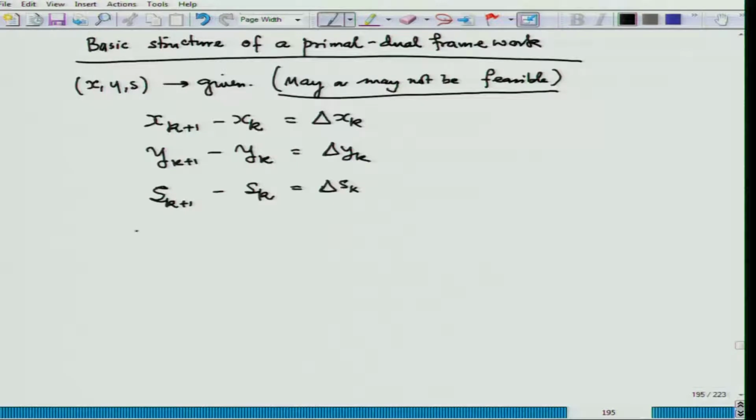Now, let us write down this system. Unless they are feasible, we do not know whether this is 0. So, we can put this dual residual, that is, it is not 0, but something else. So, we define it basically. The primal residual and the complementary residual.